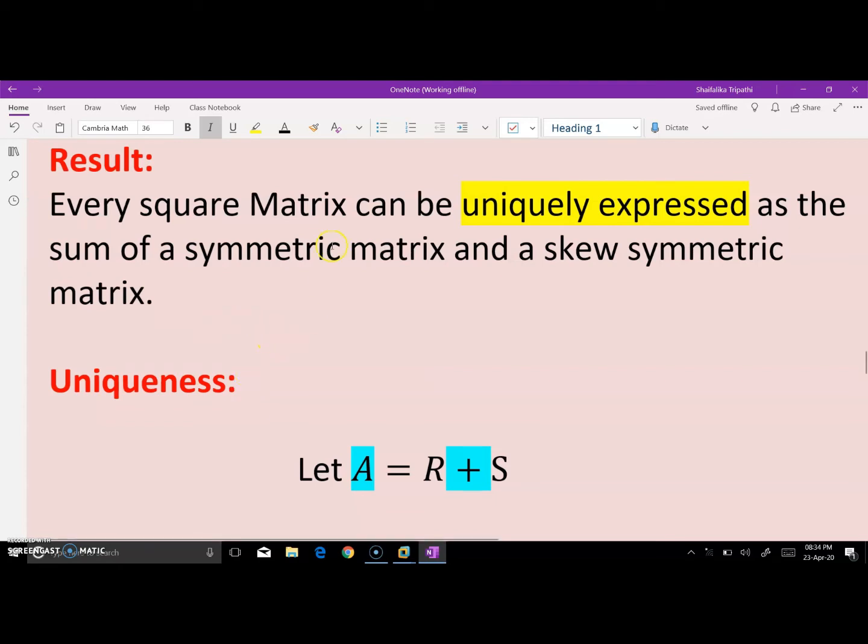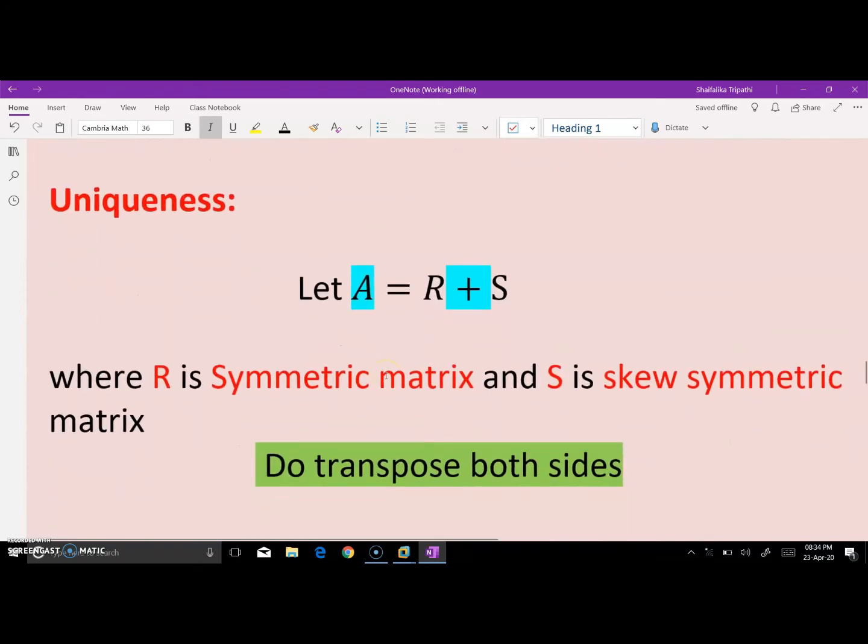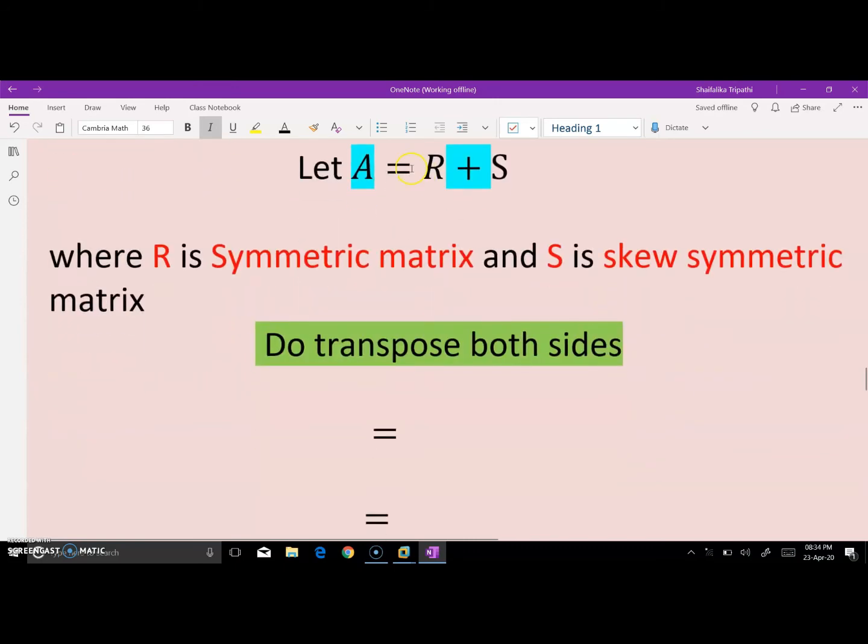Now as we have already let the square matrix be A, I am letting here the two matrices R plus S, because we have to express the addition of symmetric and skew symmetric. Now I am letting R as a symmetric matrix and S as a skew symmetric matrix. All right, so let's move to the next step: do transpose on both sides. So when we do the transpose on both sides, it will be the transpose of R plus S, right students?